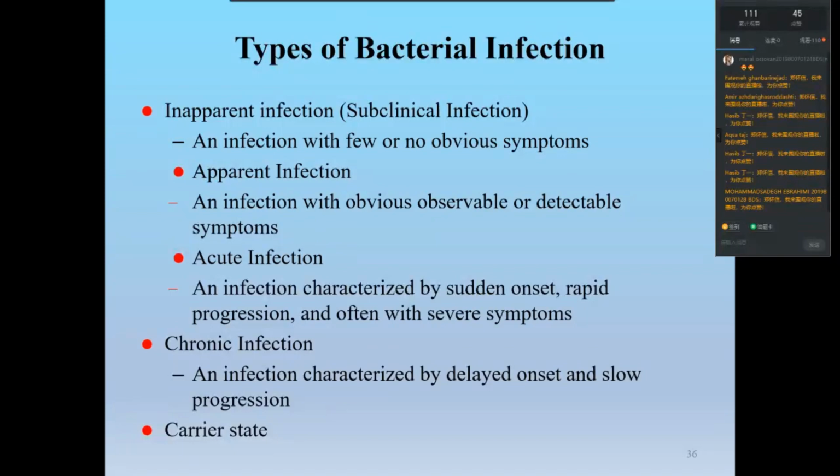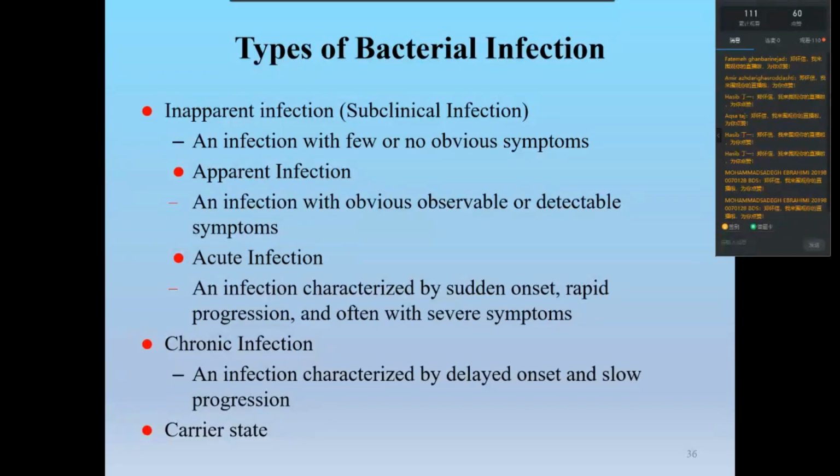And based on this, we can classify bacterial infection into different groups, like inapparent infection. So in this group, there are no obvious symptoms or few symptoms. It's not detectable, and there are no clinical symptoms. And apparent infection. Apparent infection means that the symptoms are obvious and can be detected.